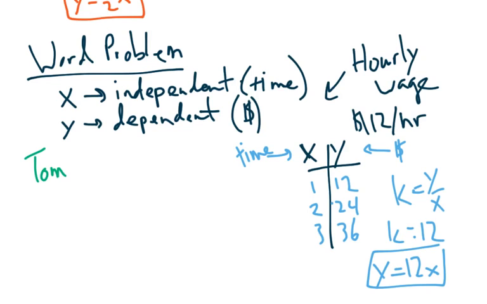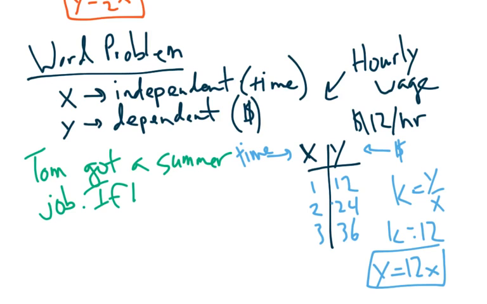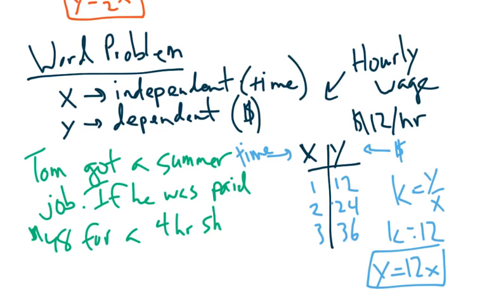Tom got a summer job. If he was paid, let's say, $48 for a 4-hour shift. That's not how you spell shift. There we go.